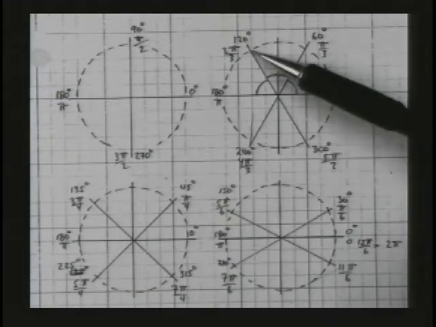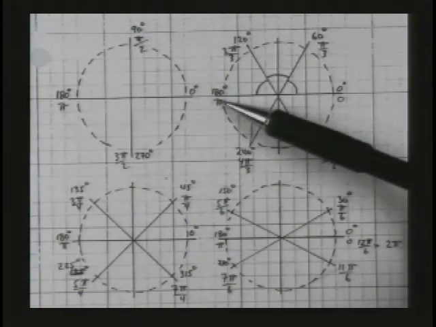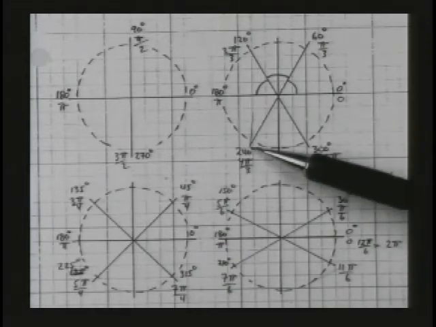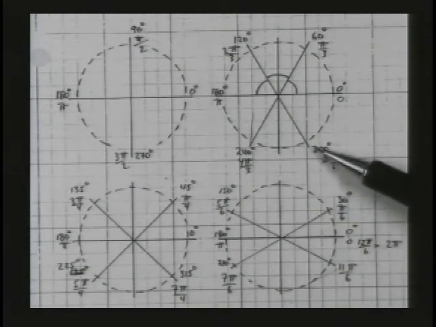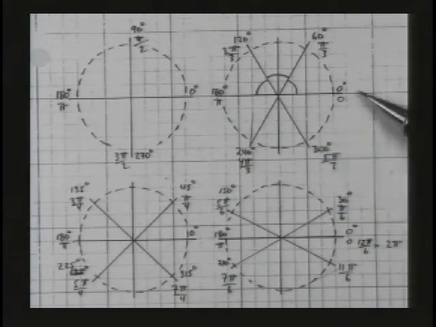This is 1/3 of a revolution to here. Half a revolution, that's 3/6. 4/6 of a revolution is 2/3 of a revolution. And then here is 5/6 of a revolution and a whole revolution.